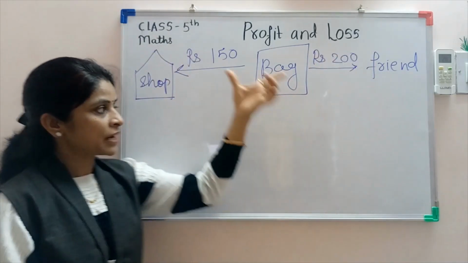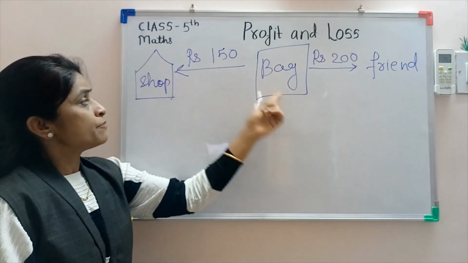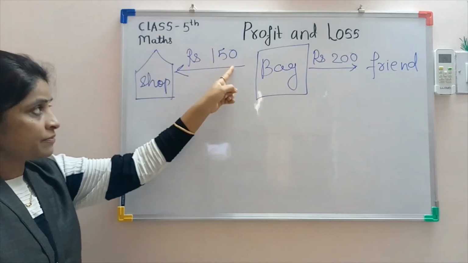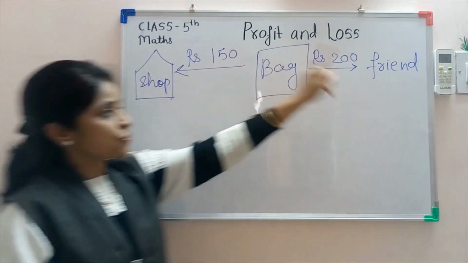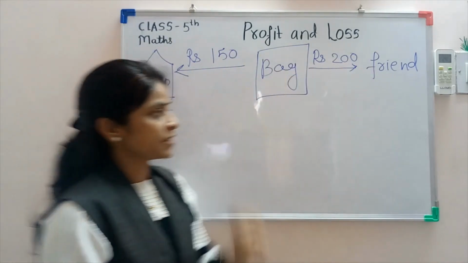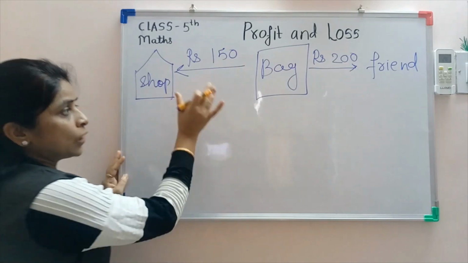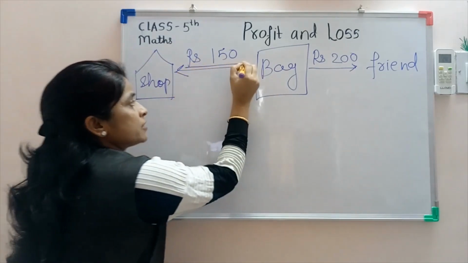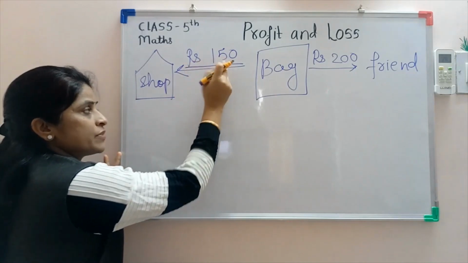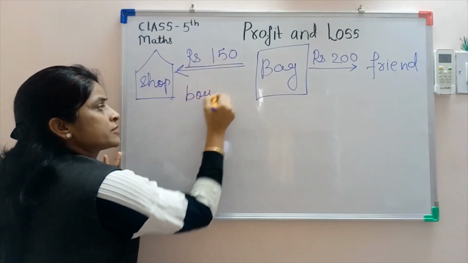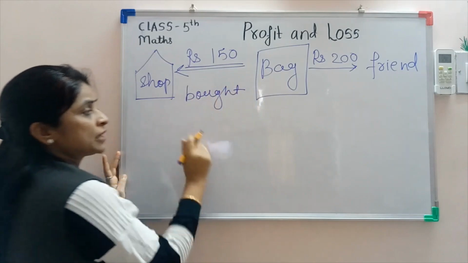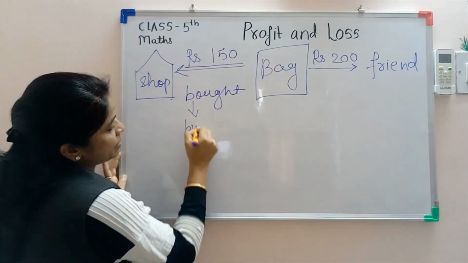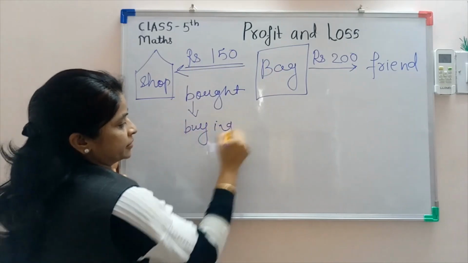Now again look at the situation. I bought a bag at rupees 150 and I sold it to my friend at rupees 200. Here, bought is nothing but the buying price of the bag.